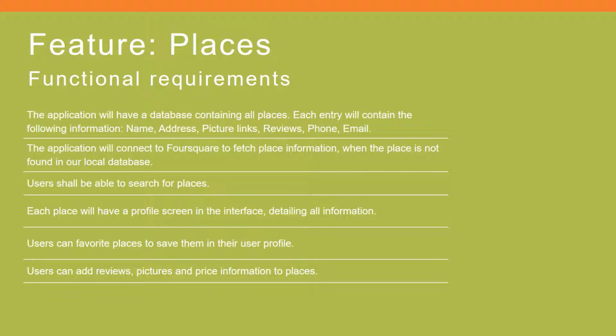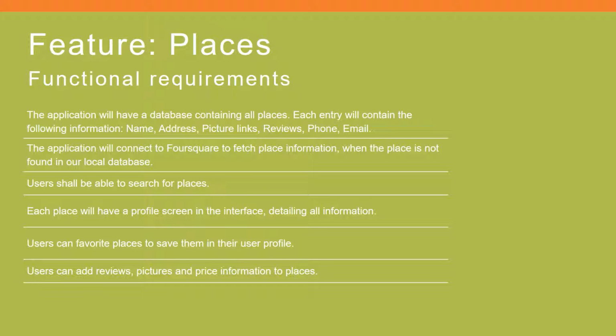The application will have a database containing all places and information for these places like name, address, pictures, reviews, and contact phones, in order for the person to know exactly where they are going, and if they need some information, they will be able to contact the place.